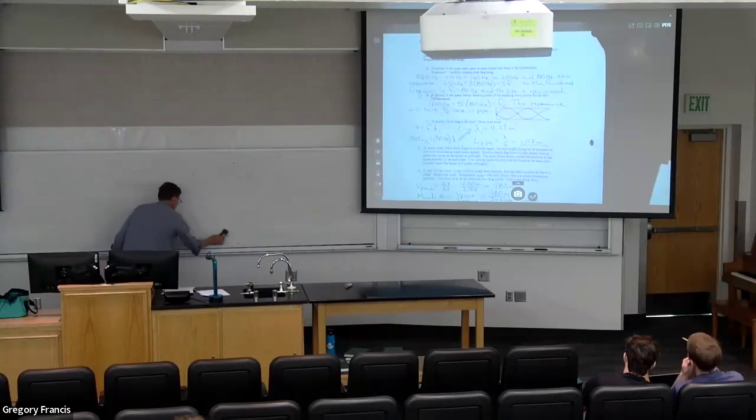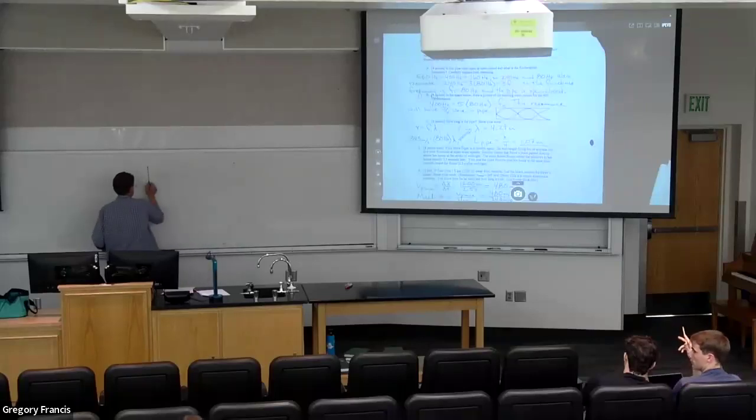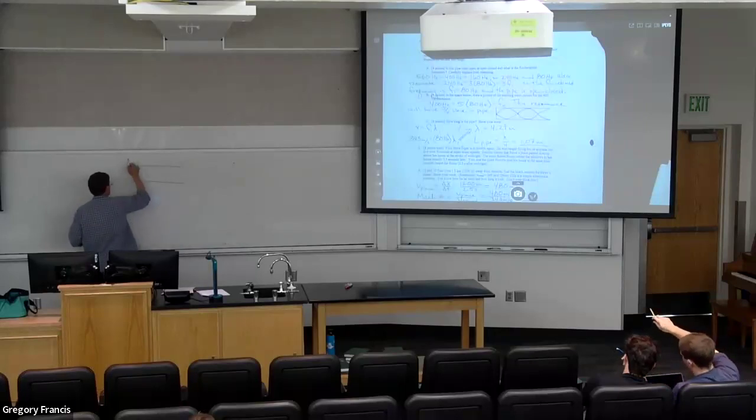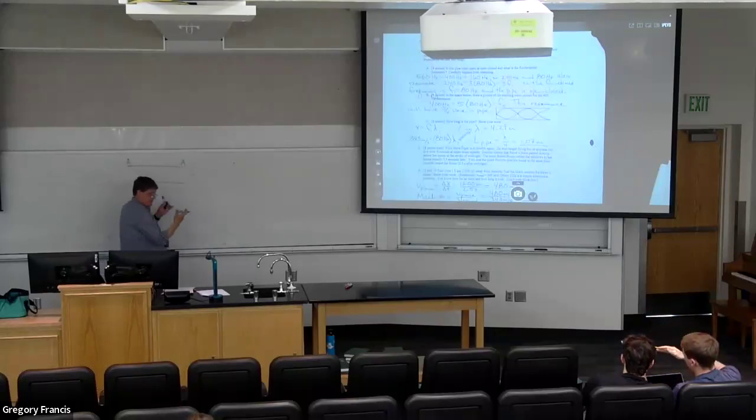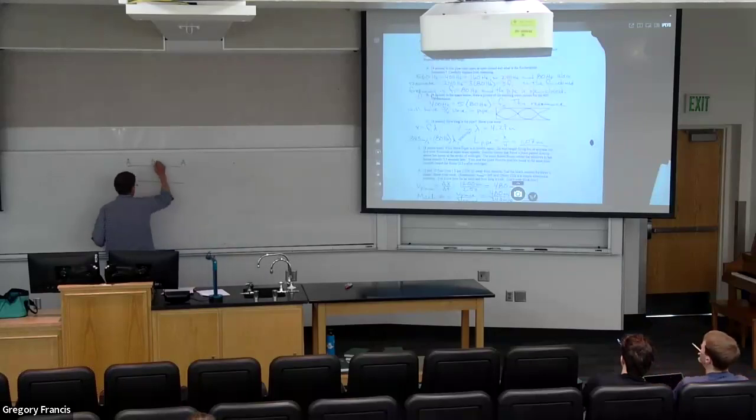So let's say I have a pipe that is open at both ends, then I have to have an antinode at both ends. And I can't just go from an antinode to an antinode. That's just wind. So I have to have a node in between. And so it's going to look like that.